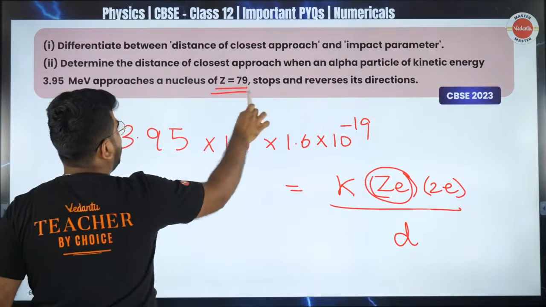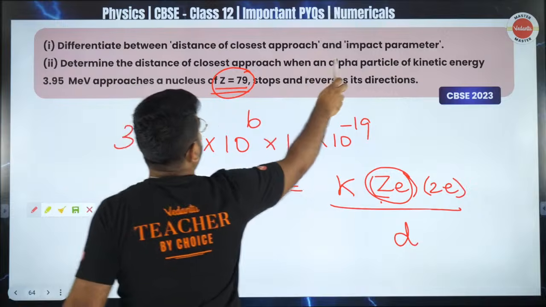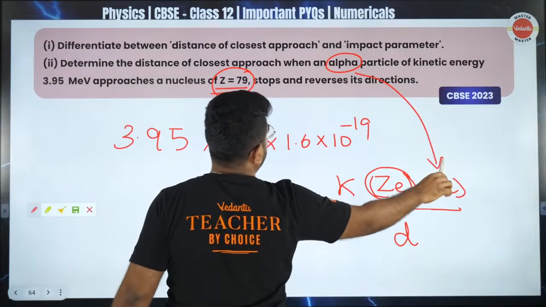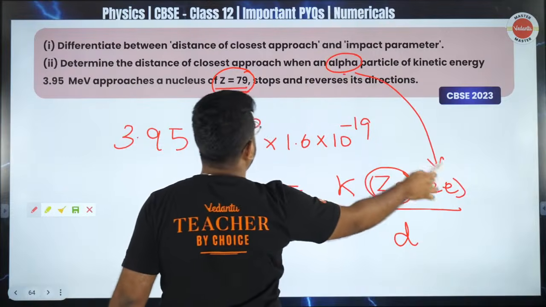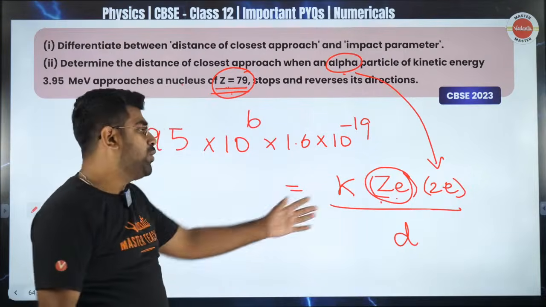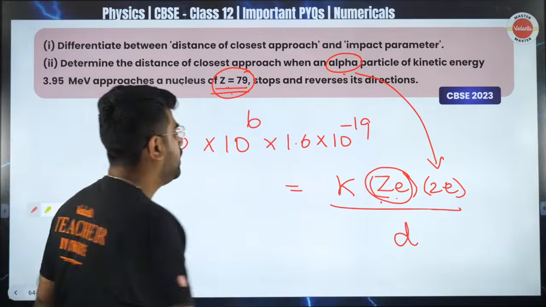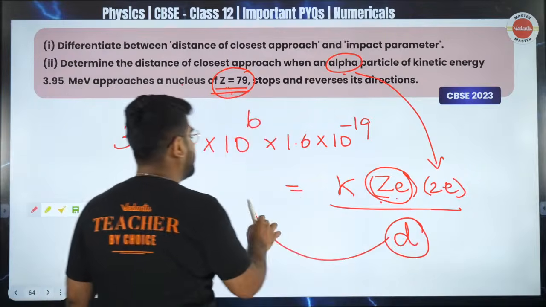Because Z is 79 electrons, and the alpha particle is 2 electrons. This nucleus is 79 electrons. So the potential energy is K into ZE into 2E by D. Now solve for D, you will get the answer.